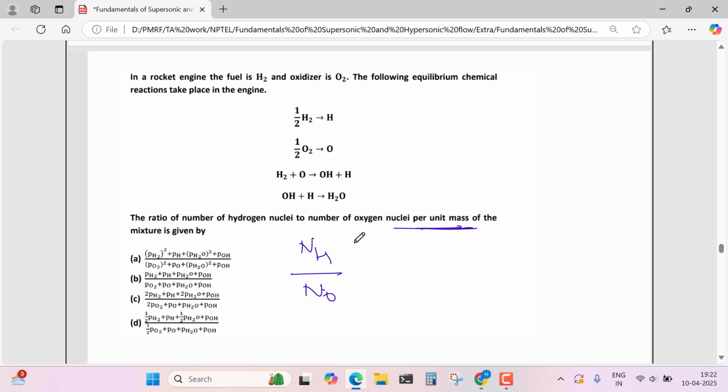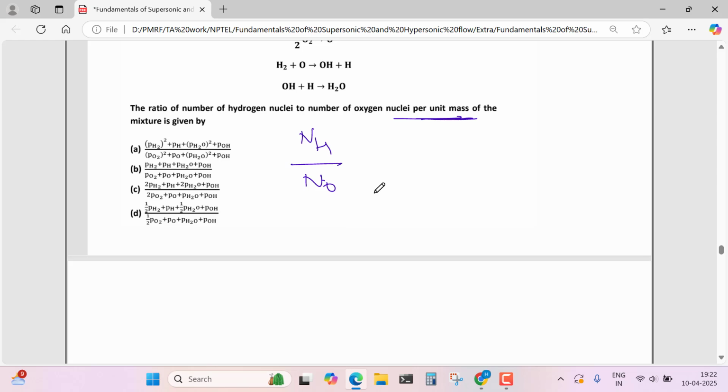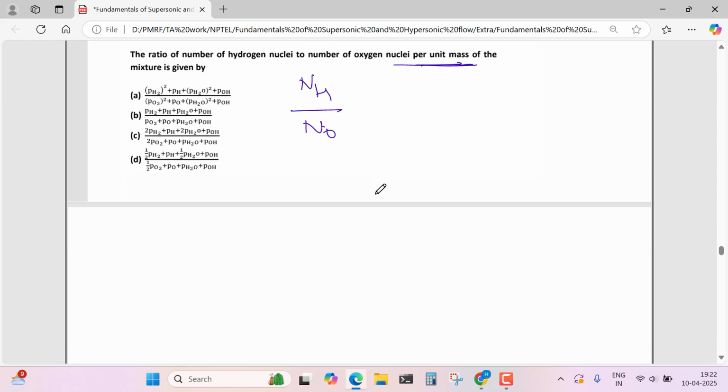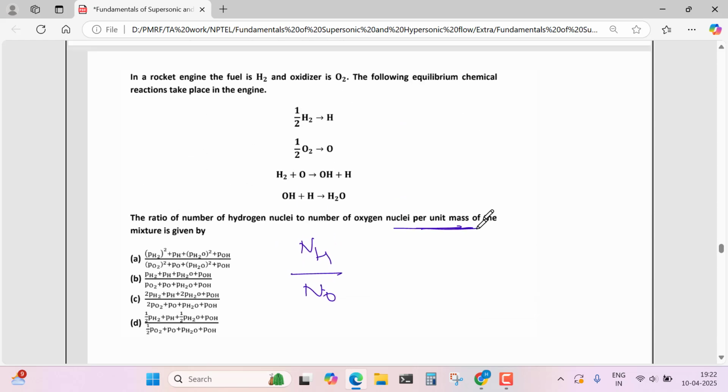One thing to know is that here we have 4 molecules: H2, O2, H2O and OH.